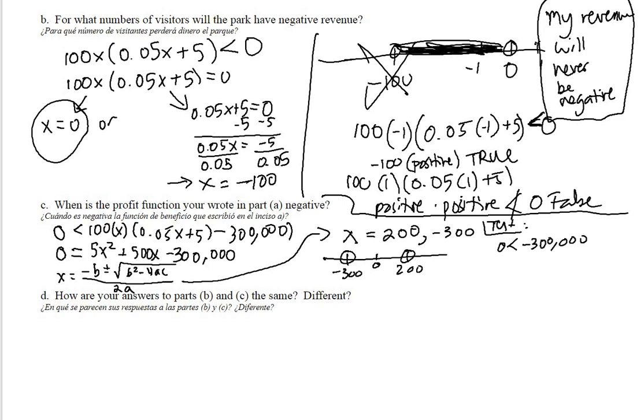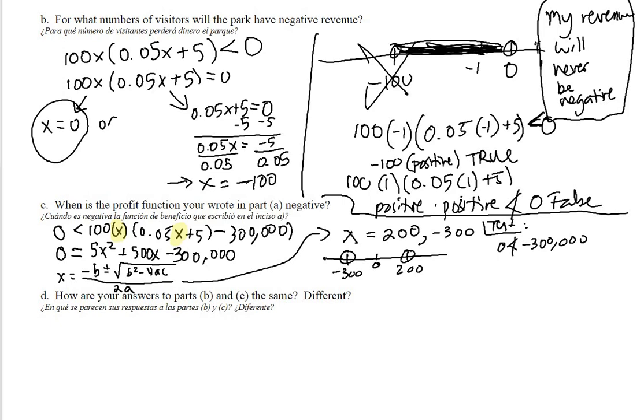If you plug 0 into your equation, then you'd be plugging 0 here and here. And I know that this goes to 0 when it's 0, so it just reduces to negative 300,000. And negative 300,000 is not greater than 0.